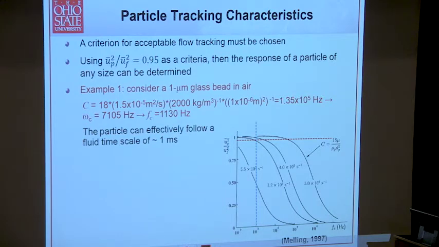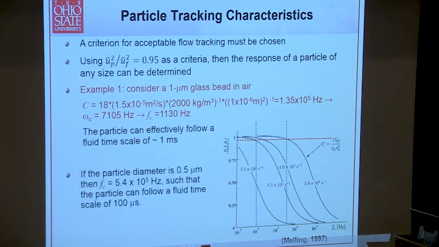That doesn't seem that great. This is a micron glass bead, micron particle. Many of you have been operating with micron-sized particles, and therefore you're only effectively following timescales of about a millisecond. Now, if you move down to half a micron, you can effectively follow fluid scales of about 100 microseconds. So you can see there's a substantial sensitivity to the diameter.